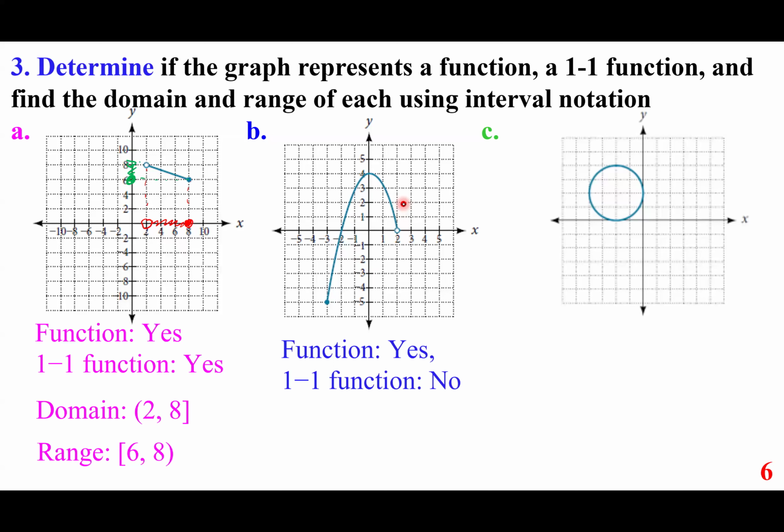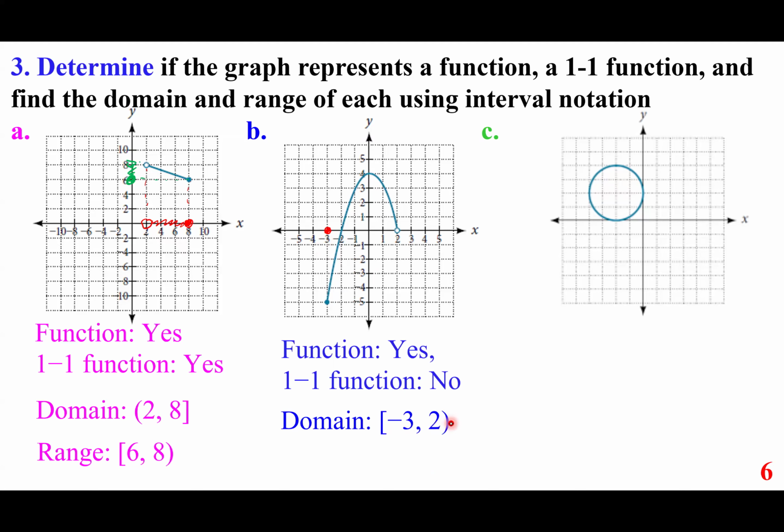What about the domain? Along the x-axis, it starts from this point and goes all the way to this point, and this is a solid point, this is a hole. So from -3 to 2, -3 is included, bracket, 2 is not.